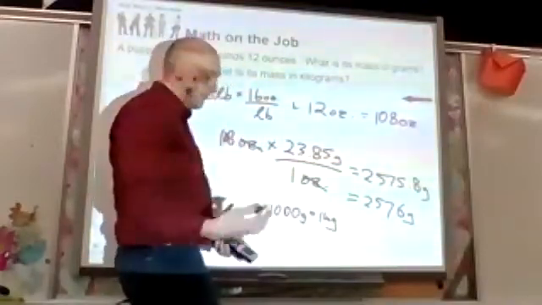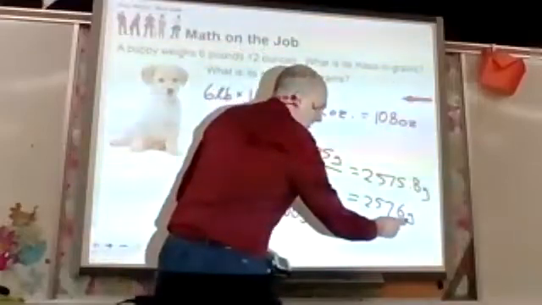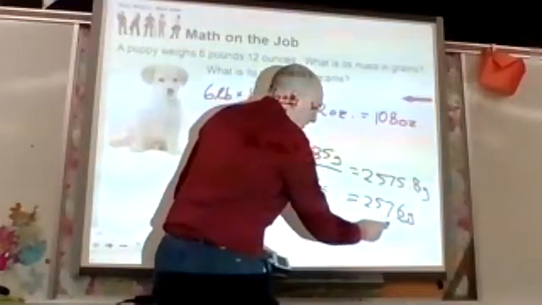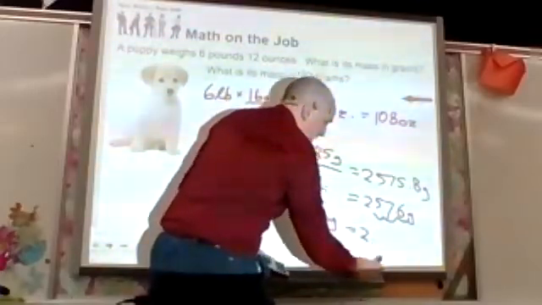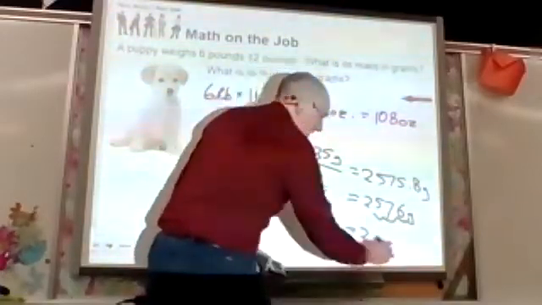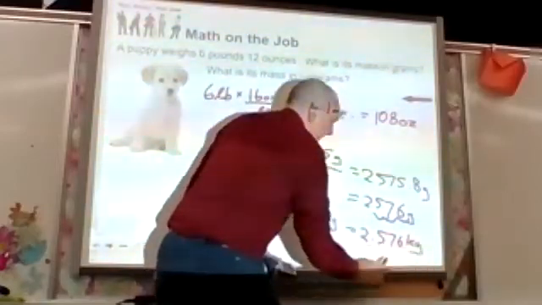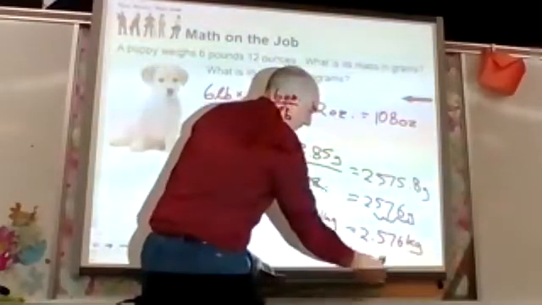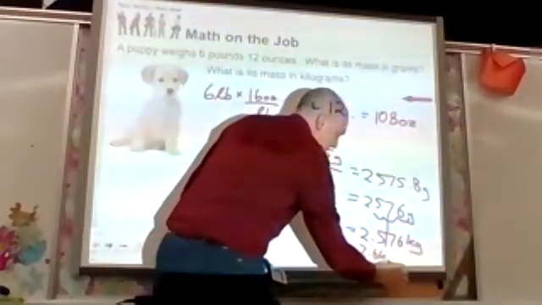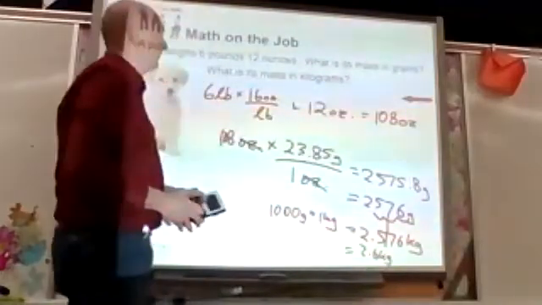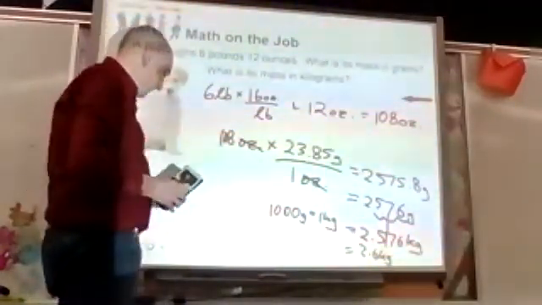When I want to divide by 1,000, the simplicity of this is I just take that decimal place here and I move it 3 spaces. 1, 2, 3 spaces, and I get 2.576 kilograms. Or if I want to round this to the nearest tenth, it'd be 2.6 kilograms. But you could leave it the other way if you like. It doesn't specify how much to round it by.